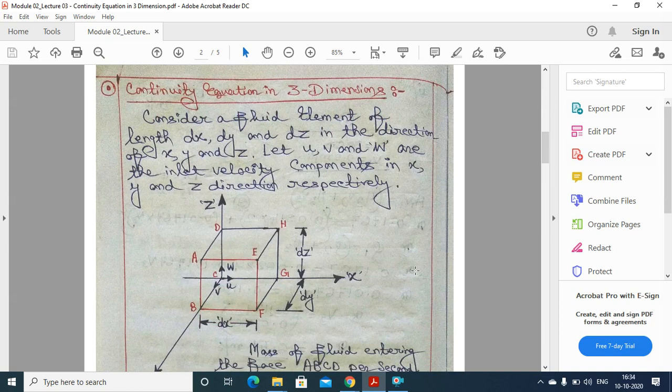Consider a fluid element of length dx, dy and dz.